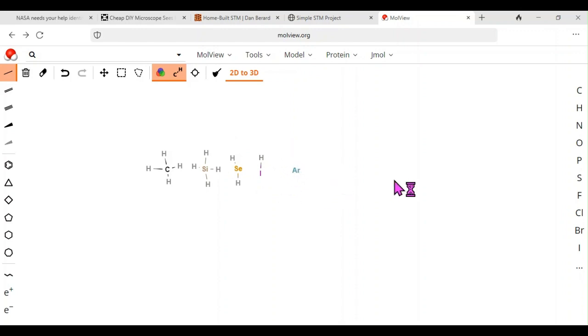And then argon actually doesn't take any hydrogens. Its orbitals are full. It doesn't want any atoms to bond with, and the noble gases just float around.